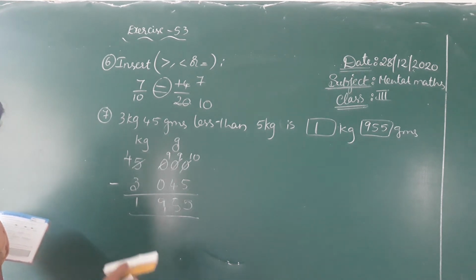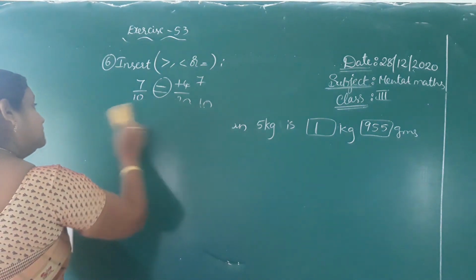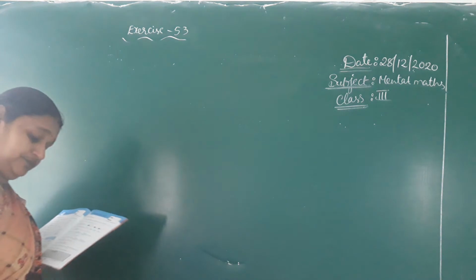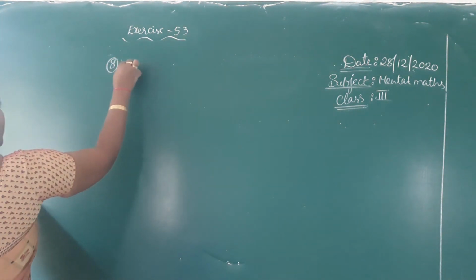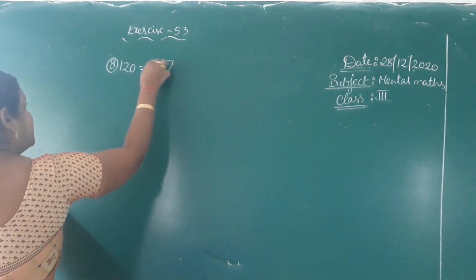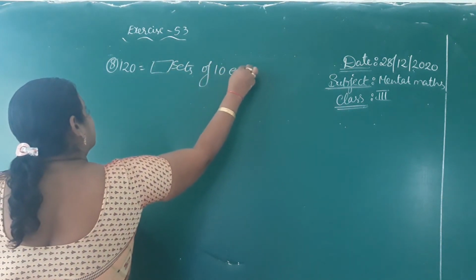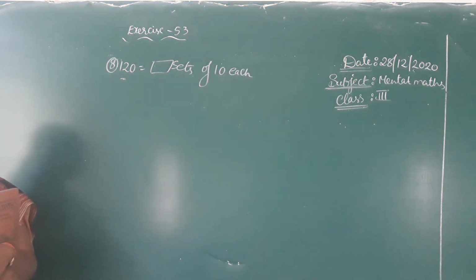See the 8th one. 120 equal to how many sets of 10 each?